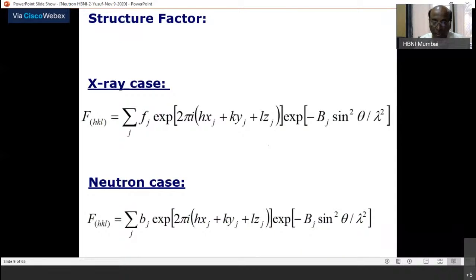What I mean by that, let us say you are talking about MnO. Manganese is magnetic, oxygen is non-magnetic, so-called. Non-magnetic means there is no ordered moment, it's a diamagnet. Now in that case, you will count not only all the manganese, wherever they are sitting in the unit cell, you will also count all the oxygens, because you are talking about the scattering of neutrons due to the nucleus. The nucleus is always there, whether the atom is manganese or oxygen, whether magnetic or non-magnetic.